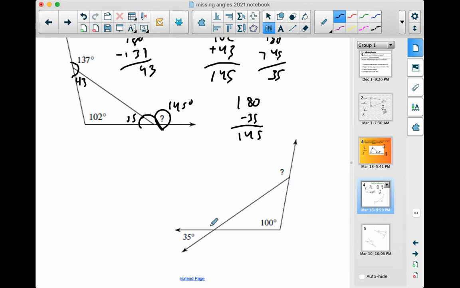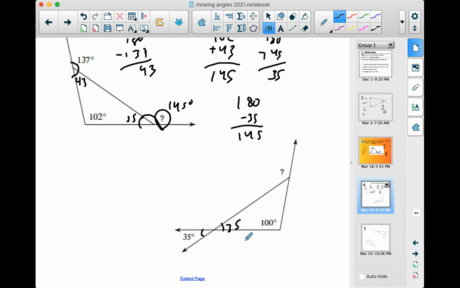I could use the fact that this is 35 to figure this out, but I actually have a quicker way, so I'm going to skip over that for now. Because you may notice I have something I haven't had yet. I've got 2 lines crossing, creating vertical angles. And that's going to actually help me out quicker. Okay? So the thing I know about vertical angles is that they're the same. So if this is 35 degrees, so is this.